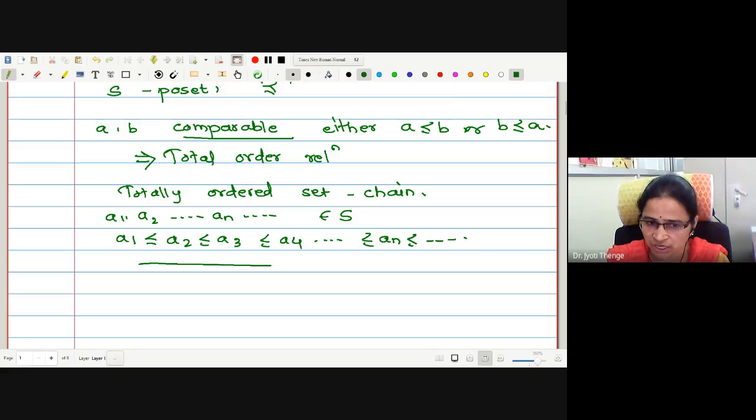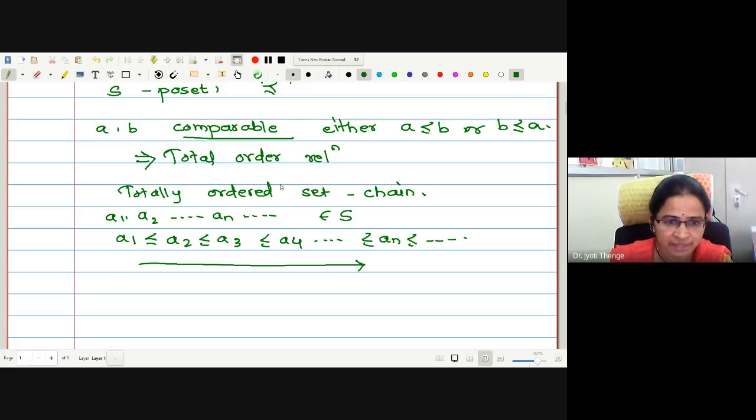This is the chain constructed by the total order relation defined on the given set. That's why another name for this set is a chain. I think we have seen this in detail while studying the Hahn-Banach lemma in functional analysis.